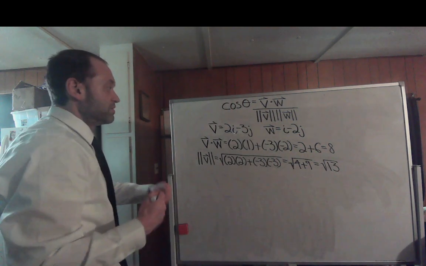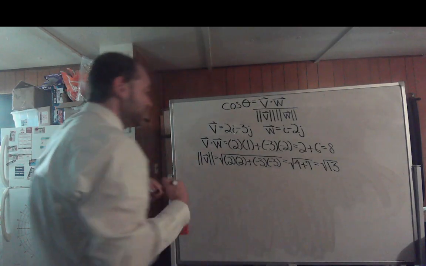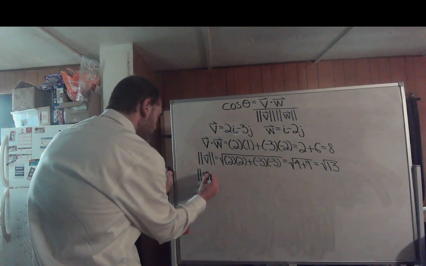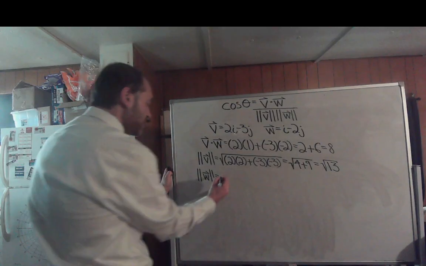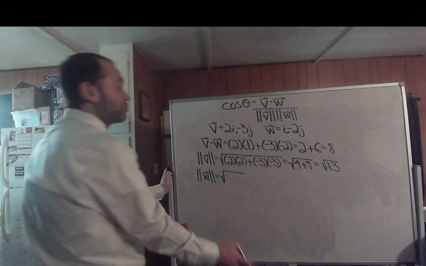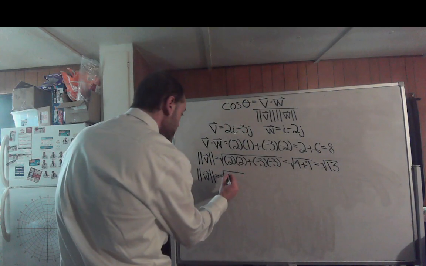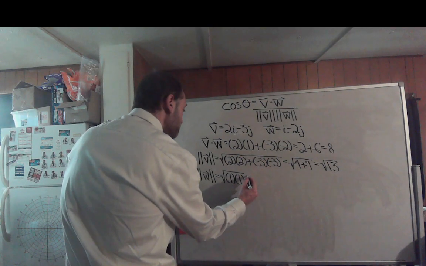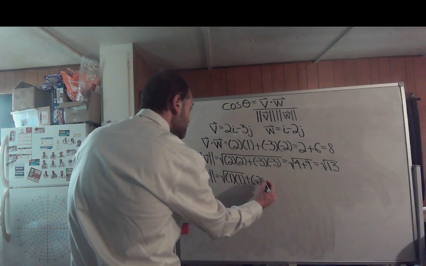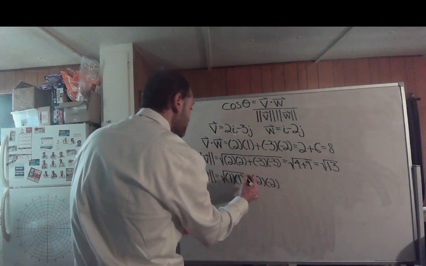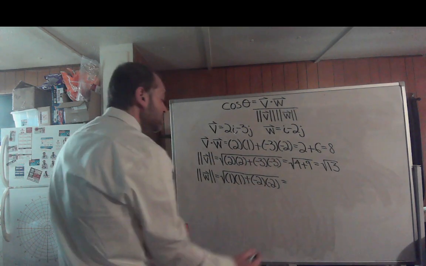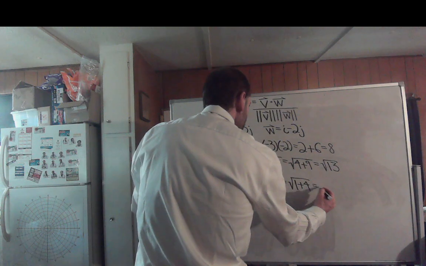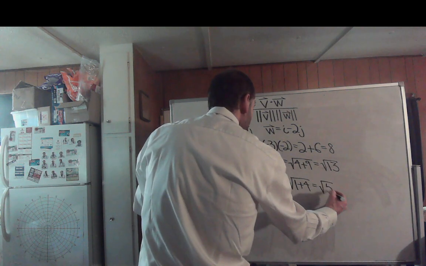So the magnitude of vector v is the square root of 13. Now let's find the magnitude of vector w. So that's going to be, of course, the square root of the dot product of w on w. So that's going to end up giving you 1 times 1 plus -2 times -2, the square root of all that. So you get the square root of 1 plus 4, which would simply be the square root of 5.